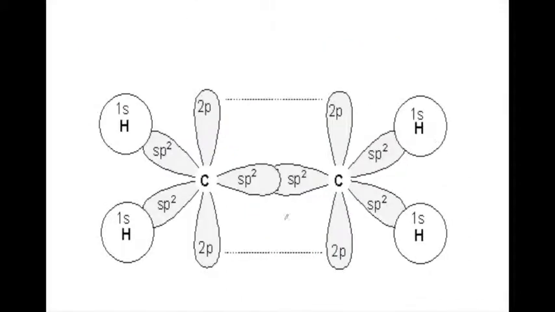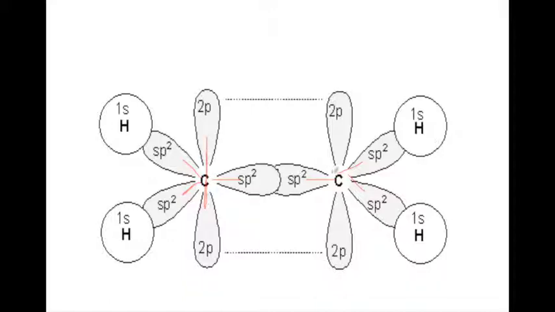So now let's draw those. Here we have our 2 carbons. Each carbon has 1, 2, 3 sp2 hybridized orbitals. Here's the 1, 2, 3, and these are trigonal planar to each other. We have our 2p orbital.